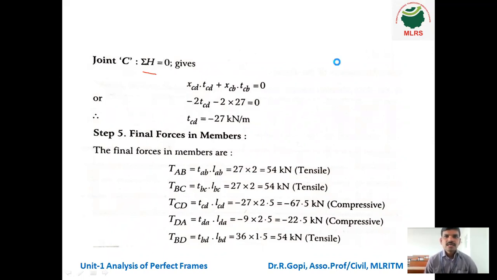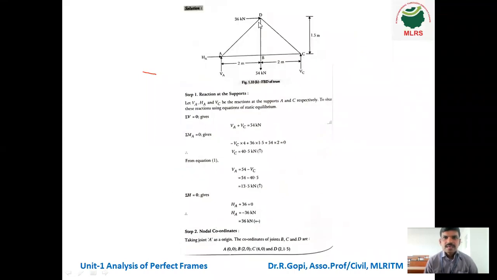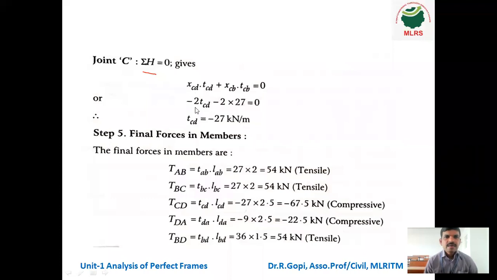You can see here XCD and XCB both are in left quadrant. So XCD minus 2 TCD and XCB minus 2 TCB. So substitute the value of TCB. Finally, we got TCD value as minus 27 kilonewton per meter.